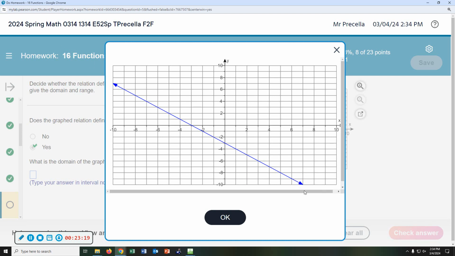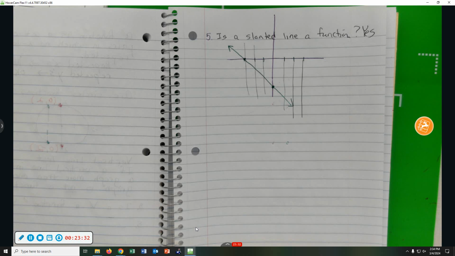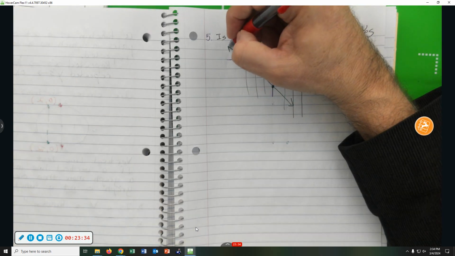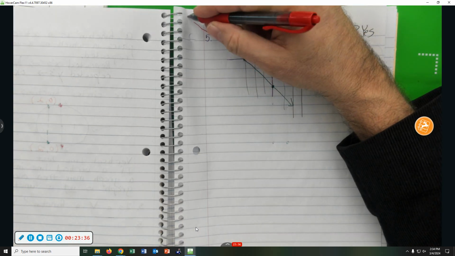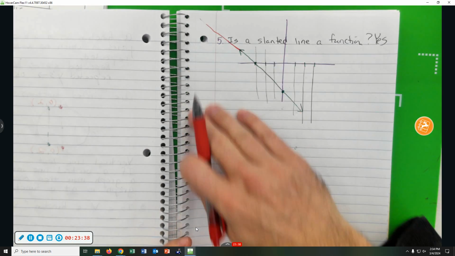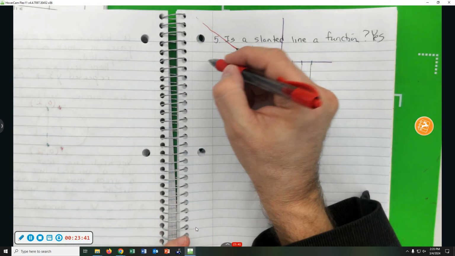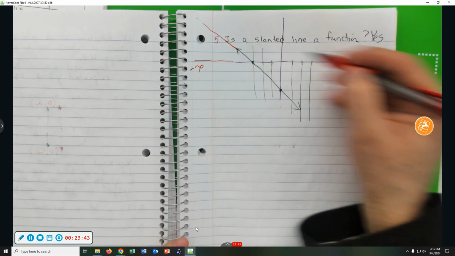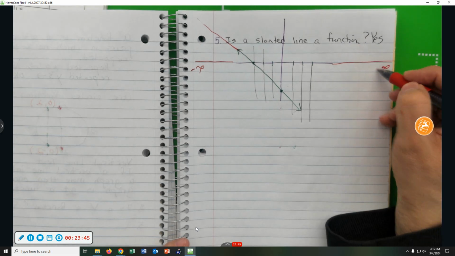And this is going to keep going, and eventually have x values way over here at positive infinity. It takes a little bit of imagining, but I claim this thing just keeps going and going and going.